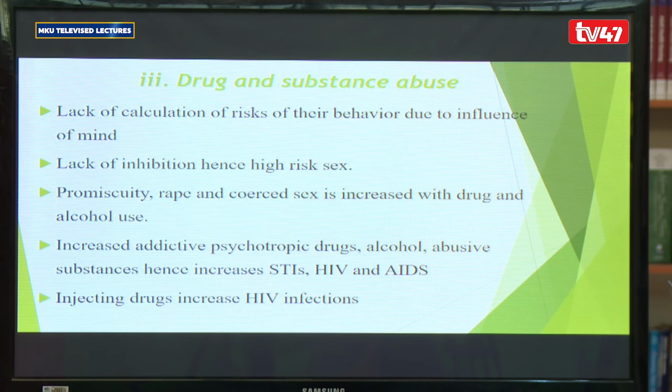Promiscuity, rape, and coerced sex increase with drug and alcohol use. Increased use of addictive psychotropic drugs, alcohol, and abused substances hence increases STDs or STIs, and also HIV and AIDS.